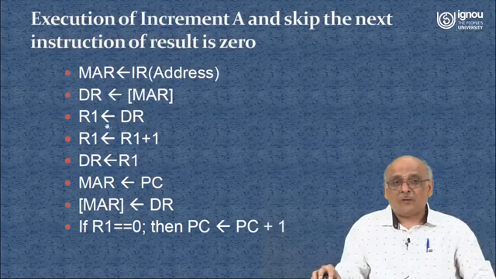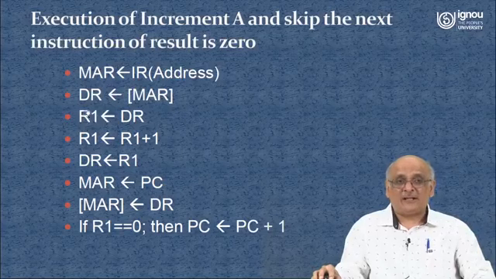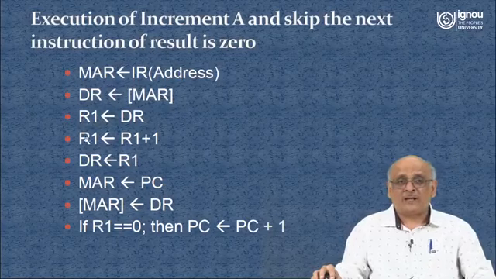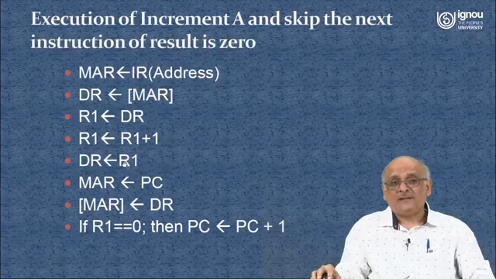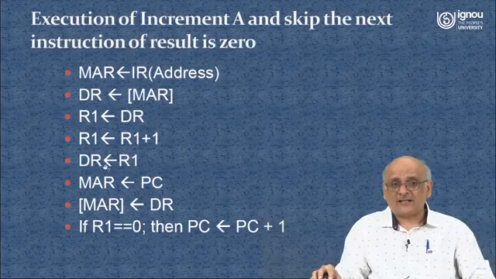Increment A. Now we increment it in the accumulator register; here we are assuming R1 is the accumulator register. So we take the value of A into the R1 register, increment the R1 register, and DR gets the R1 register. The data register gets R1. MAR gets PC, alright.